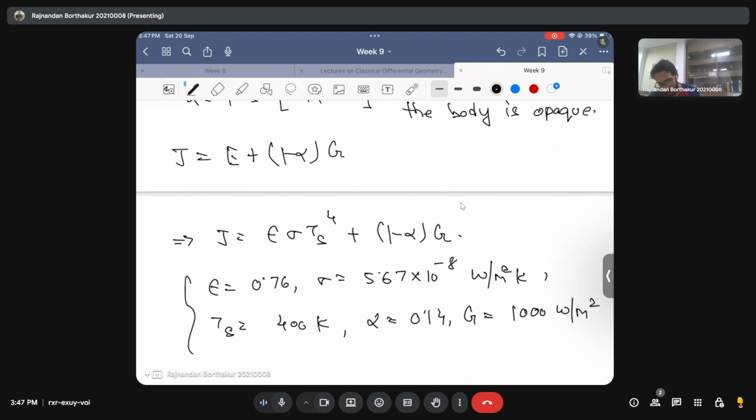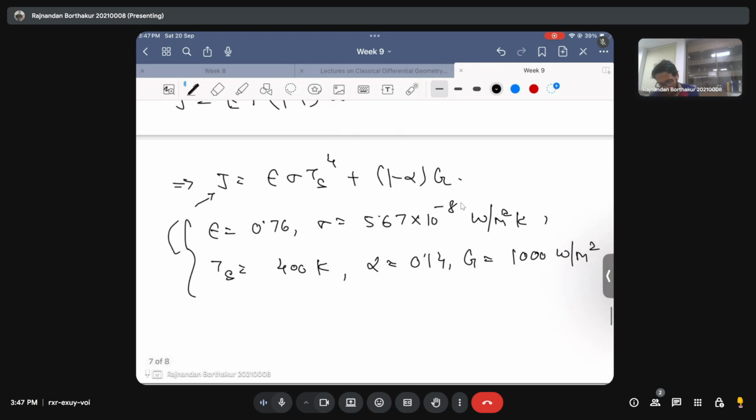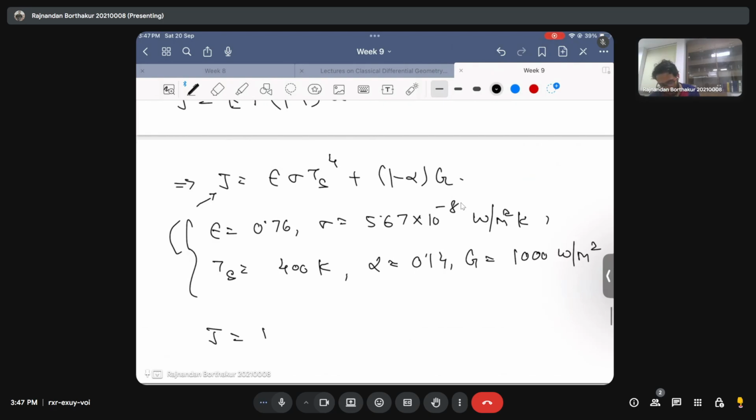So you just need to do the substitution over here. If you substitute the values, I have already calculated this at my end, you will get your radiosity as 1963 watt per meter squared.